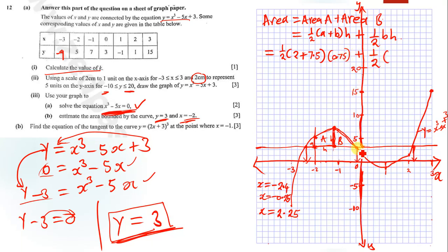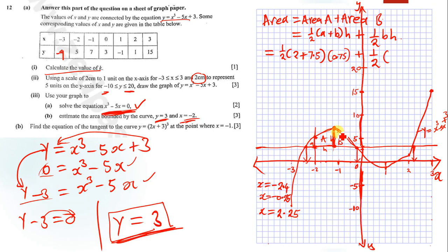So the base of the triangle is the distance from this point here, which we estimated as 0.25. If you're using a standard graph paper, you find it easier to find these numbers that I'm writing here.